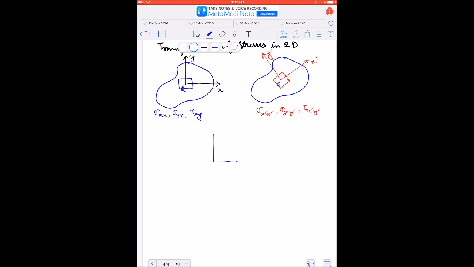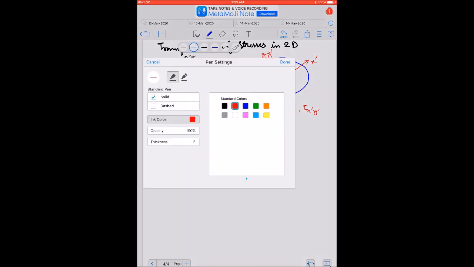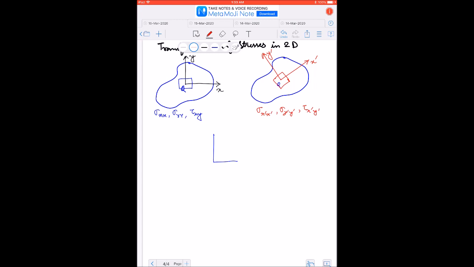To complete this picture, we are going to draw a side which is perpendicular to the x dash axis, or which is parallel to the y dash axis, referring to the right hand side of the above diagram.